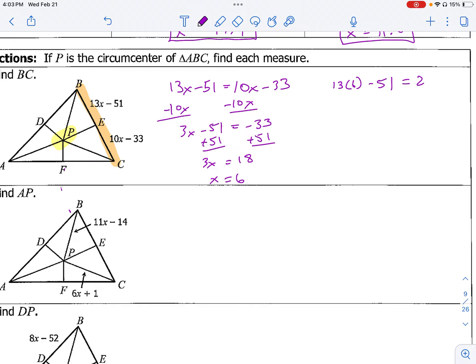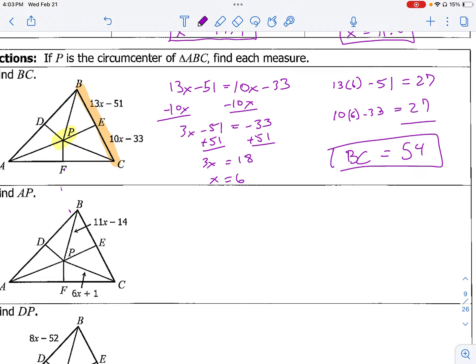And that's going to equal 27. And then we go 10 times 6 minus 33 equals 27. 27 plus 27 is 54. So BC equals 54.